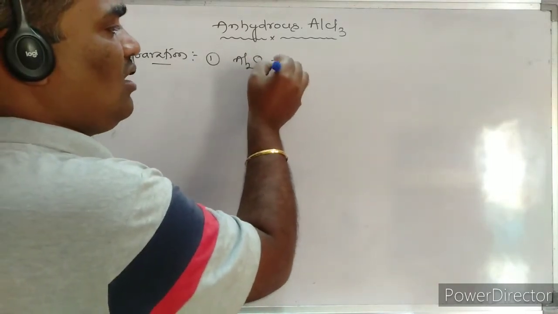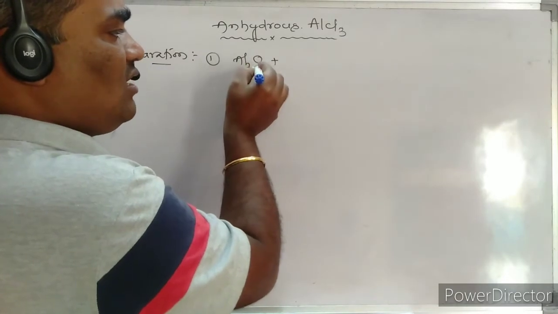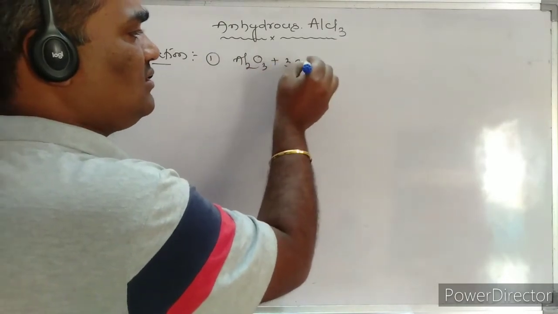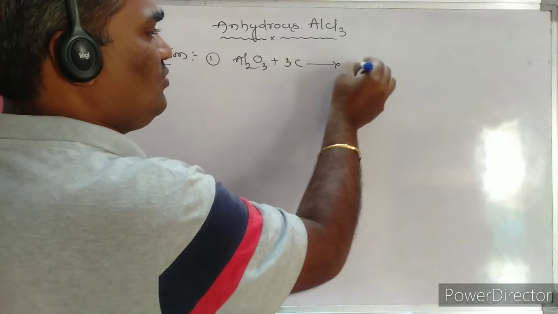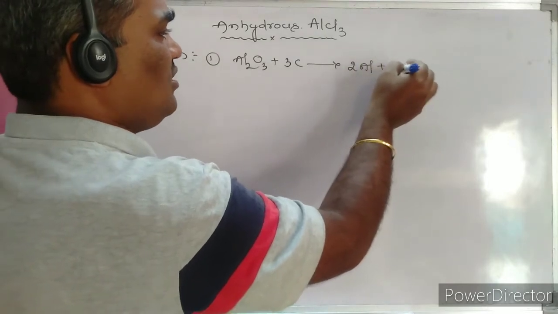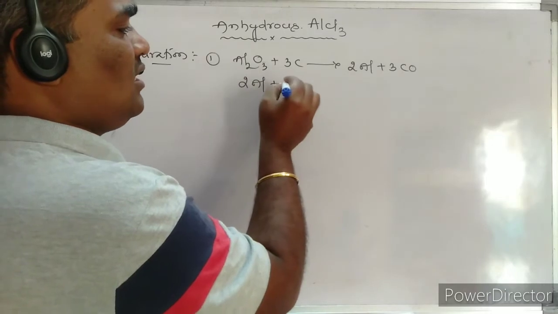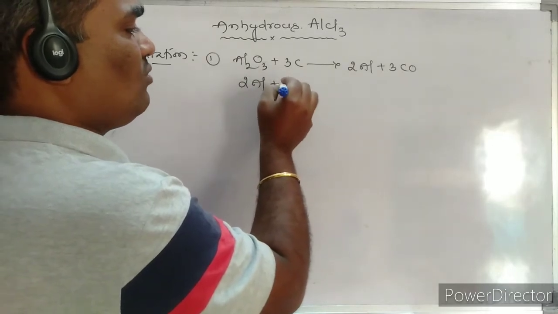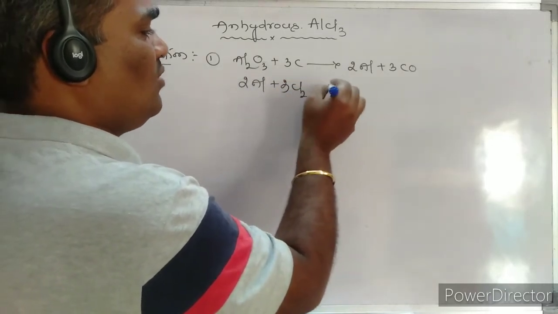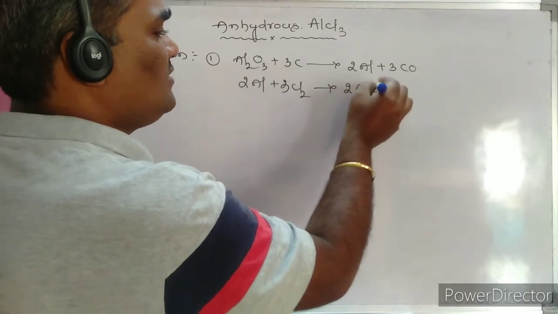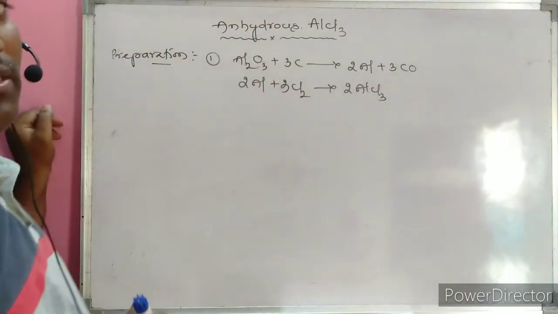Firstly it undergoes reduction with 3C, hence it gets converted into 2Al plus 3CO. The formed aluminium combines with chlorine to form 2AlCl3, aluminum chloride.